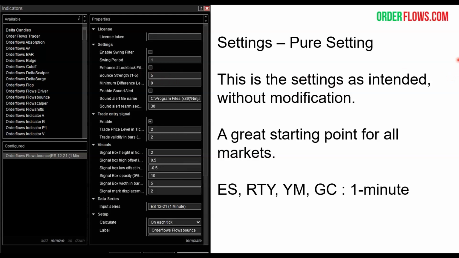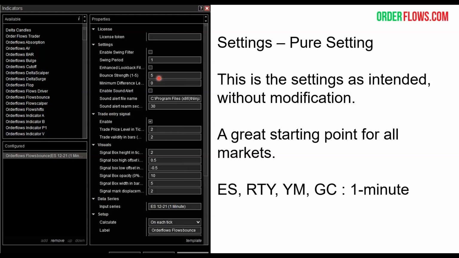Now there's a minimum difference level, which is just like a filter basically, and it deals a bit with when you're looking at the value in the profile, right? How far away you are from it. 0 would be disabled, and again, it's a value between basically 1 and 5, with 5 being the highest.